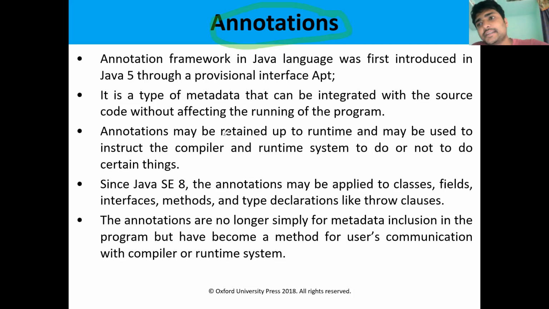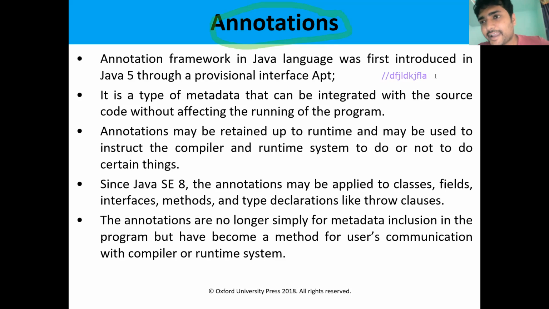So annotation is nothing but just like comments. In Java, we have commenting. There are two types of commenting in Java: single line commenting and multiple line commenting. Single line commenting means we can use the symbol double slash. If you write anything after the double slash, that is treated as a comment.